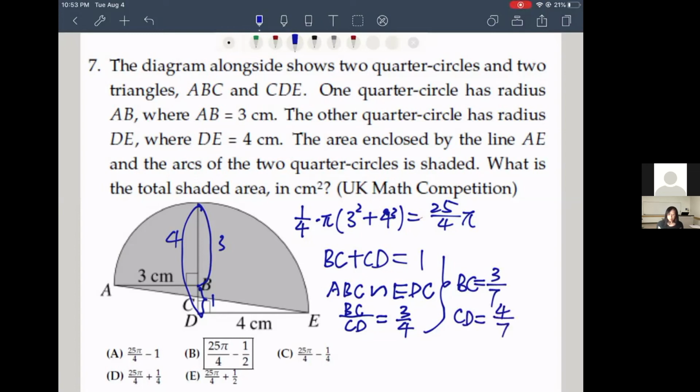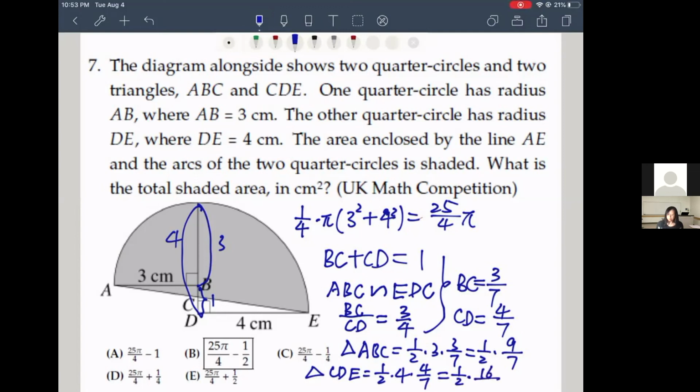So we need to find the area of ABC, which is 1/2 times 3 times 3 out of 7, which is 1/2 times 9 over 7. And similarly, we can find the area of CDE, which is 1/2 times 4 times 4 out of 7, which is 1/2 times 16 out of 7.